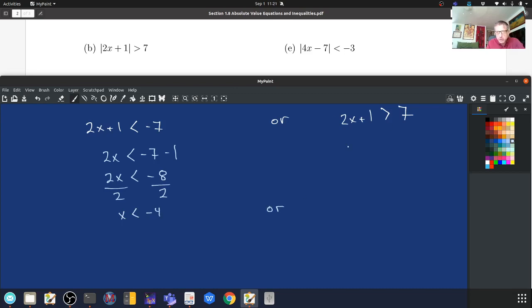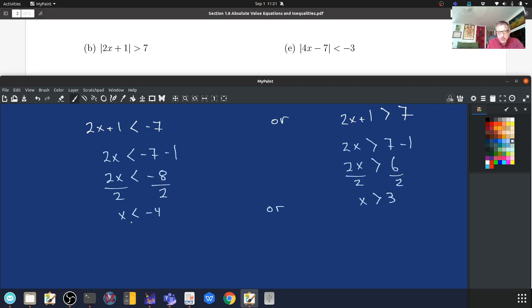Or 2x is greater than, I'm going to subtract 1 from both sides. 2x is greater than 6. Divide both sides by 2. So x is greater than 3.